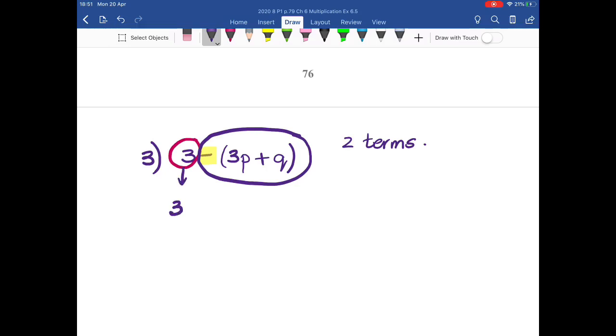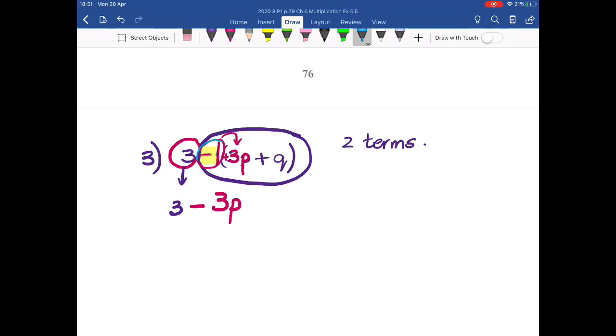A negative in front of a bracket actually means that there is an invisible 1 here too. So what I'm going to do, I'm going to distribute negative 1 to the first term. So a negative multiplied by a positive is negative. 1 multiplied by 3 is 3. And I just have my p term here, so it remains p.